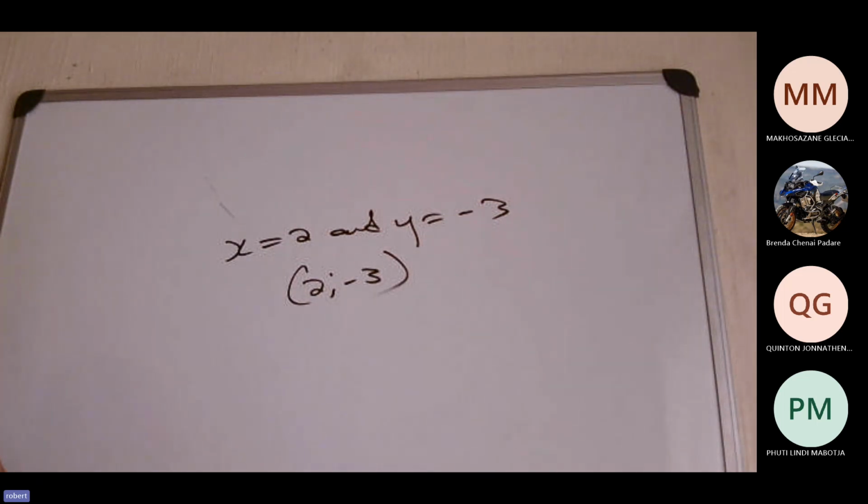Algebraically, we also have two approaches, two methods there. You can either use what? The substitution, or you can use the elimination. The substitution, that is where you take one equation and you make one of the variables the subject of the equation.